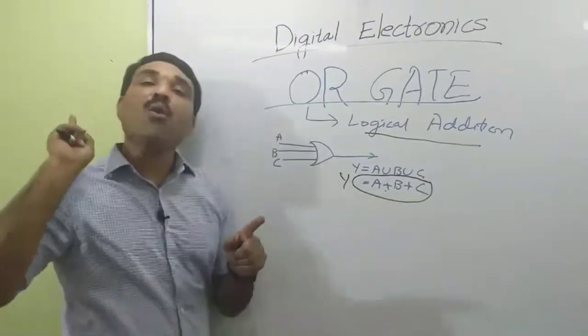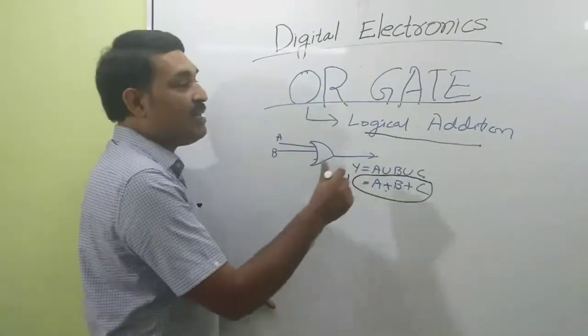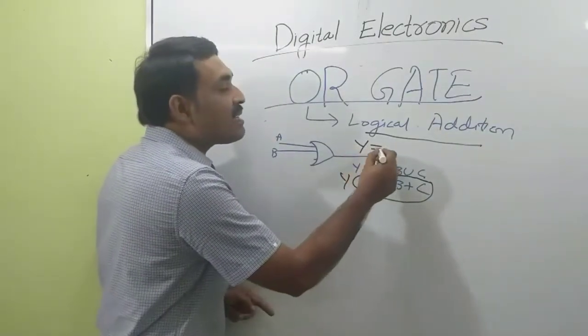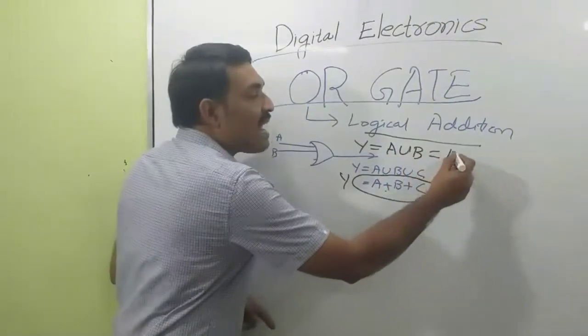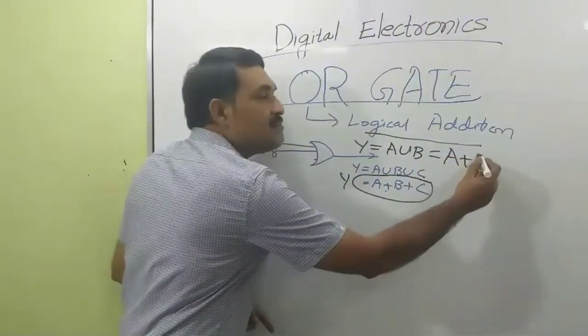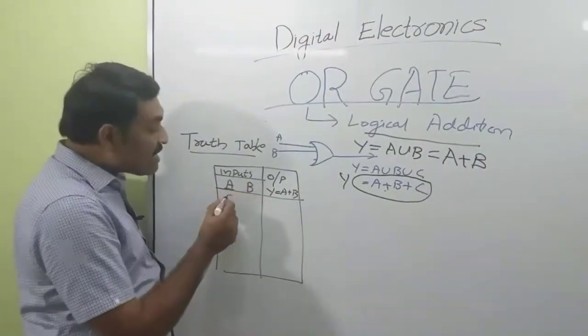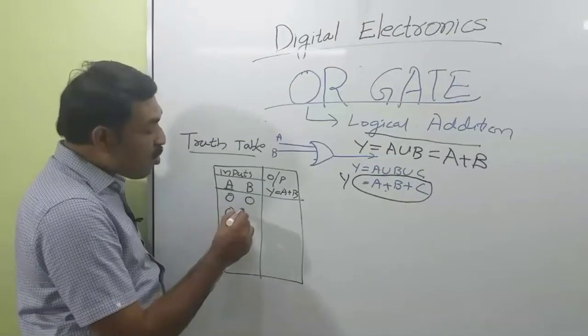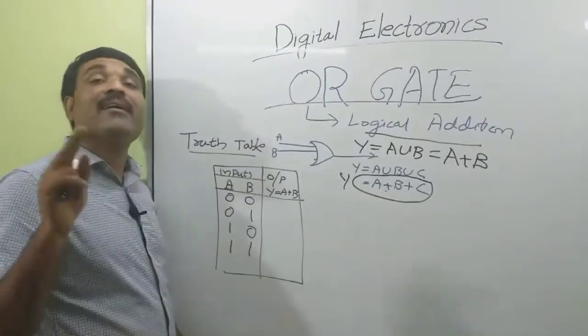I am considering only two inputs. Let the inputs be A and B. Then the output Y is equal to A union B, that is logical addition, A plus B. So we have two inputs A and B. Let A, B be 0 0, 0 1, 1 0 and 1 1. That is, both A and B are high.